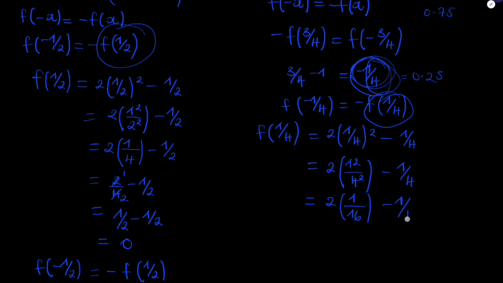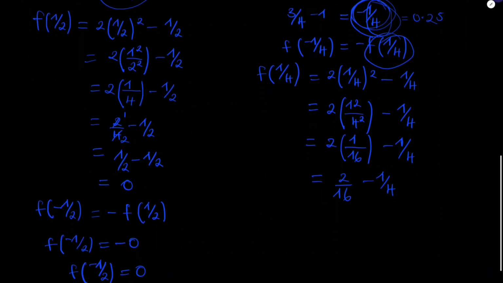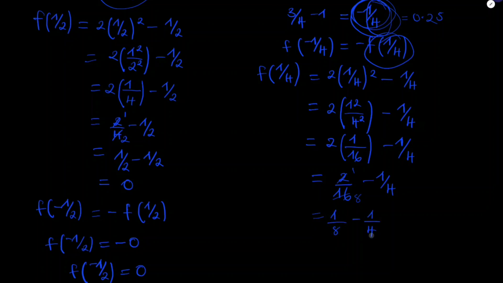So now we have 2/16 minus 1/4. Let's simplify this. 2 and 16 we can simplify further: 2 goes into 2 one time, and 2 goes into 16 eight times. So we'll be left with 1/8 minus 1/4.